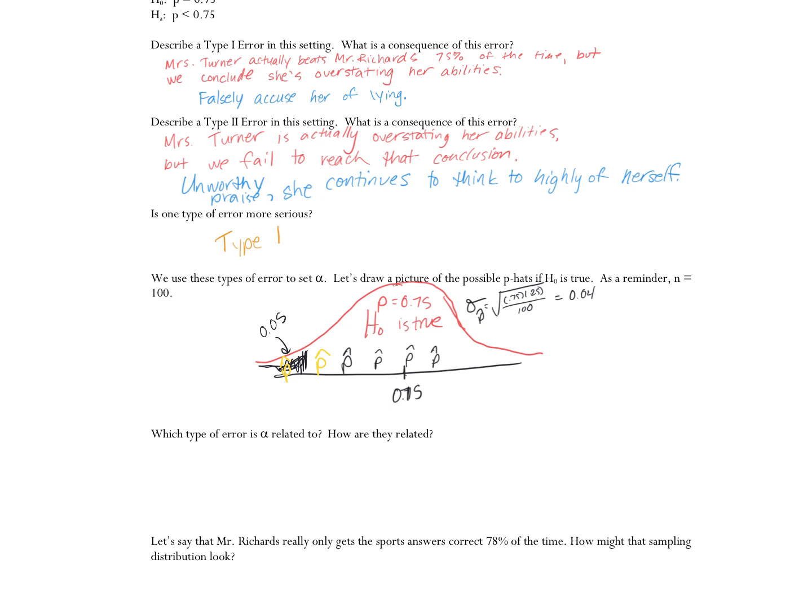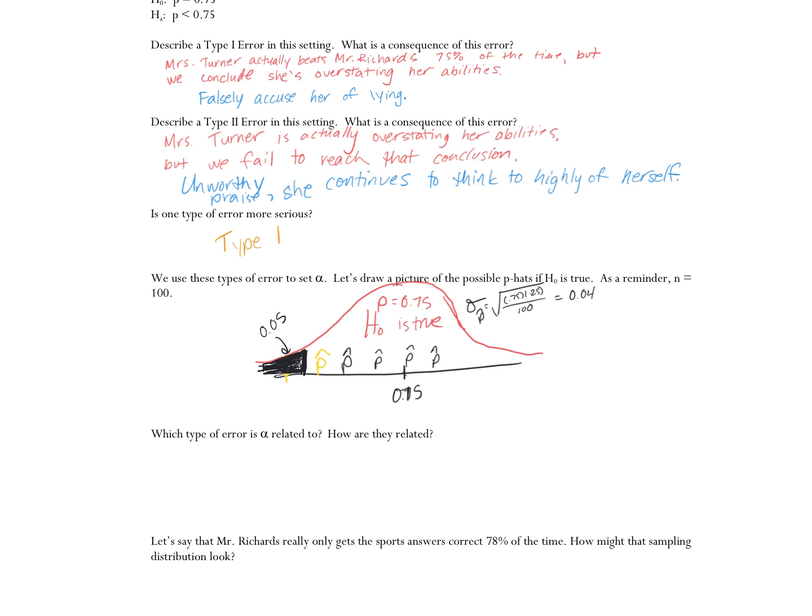Now, if the null hypothesis is true, this black area here is essentially where I'm going to reject the null hypothesis. Is everybody with me? And this unshaded area is where I'm going to fail to reject the null hypothesis.